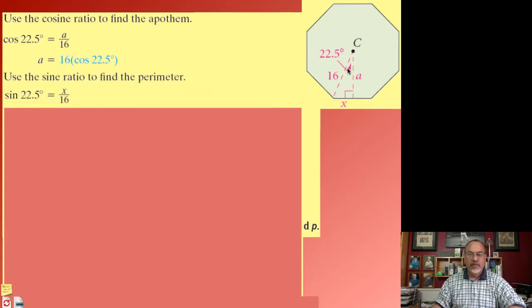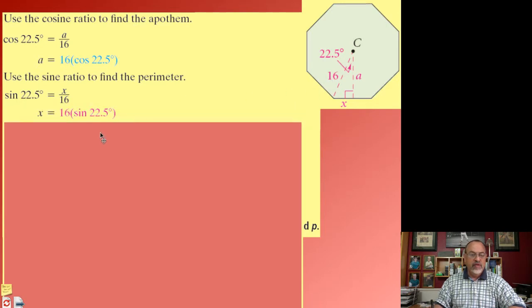Then to help me find the perimeter, I can do opposite over the hypotenuse. That will give me half of one side. Well, if we think about how many sides we have, 8, and if all of those sides were divided in half, that would be 16, right? So I'm going to have 16 of these values that are 16 sine 22.5.